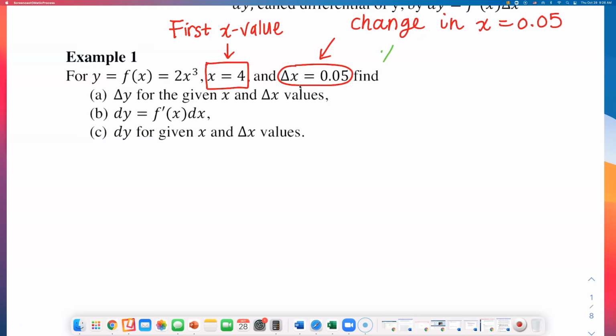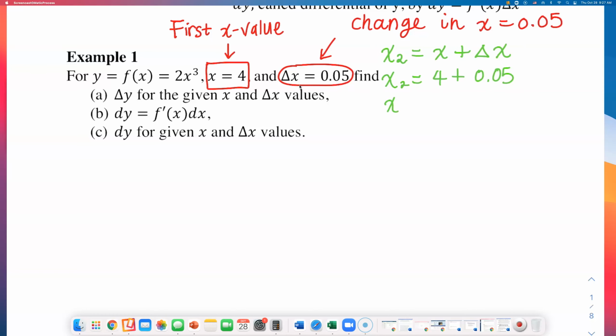The second x value, I'll just go ahead and write this as x sub 2, is going to be the original x value plus that delta x, the change in x. So what's that going to be? The second x value that we can come up with is 4 plus 0.05. So the second x value is 4.05.